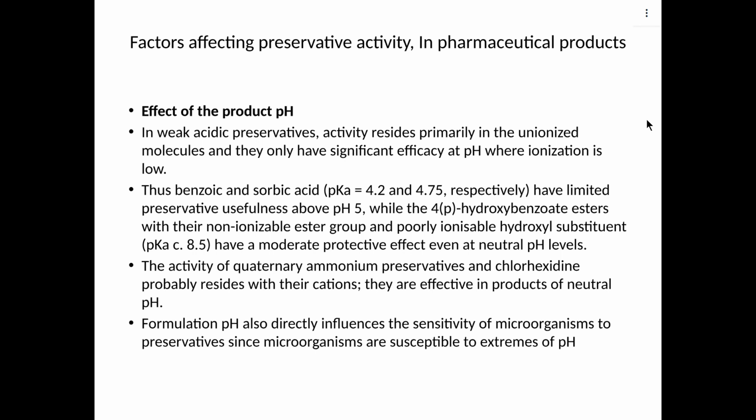So later on, we'll be looking at different types of preservatives. And one of the things you'll be able to appreciate is there's a group that consists of acids. This includes things like benzoic acid and sorbic acid, which have a pKa of 4.2 for benzoic acid and 4.75 for sorbic acid.